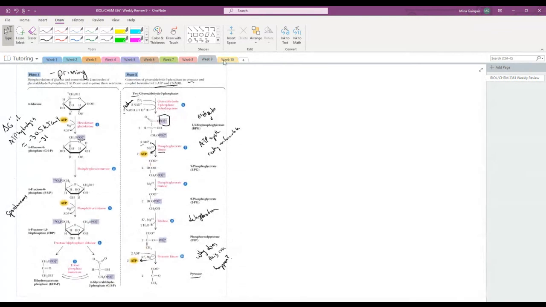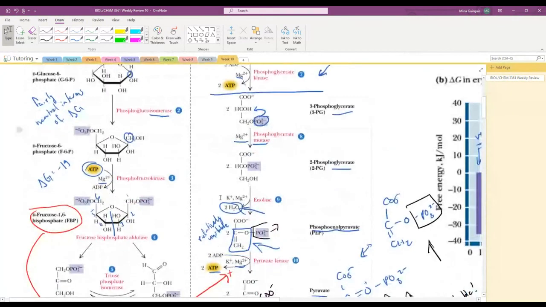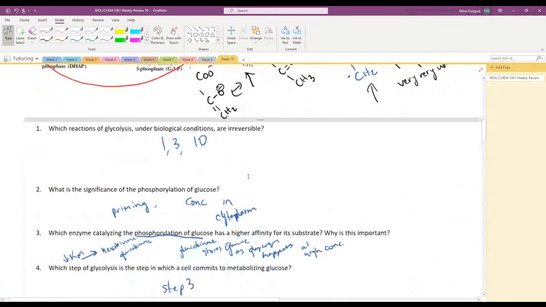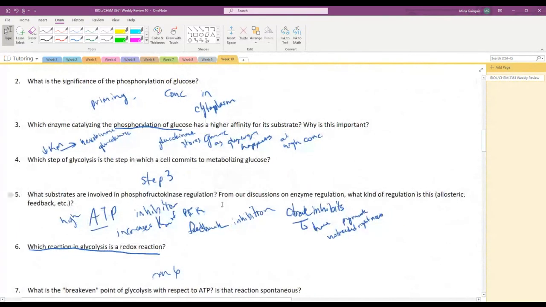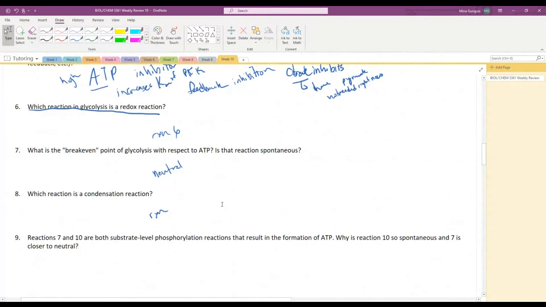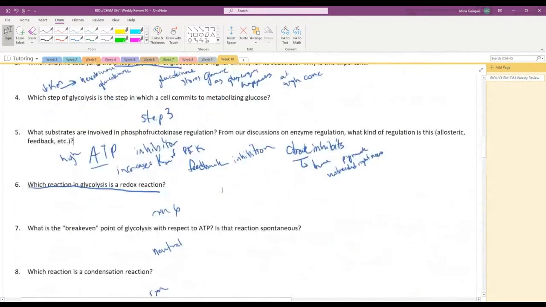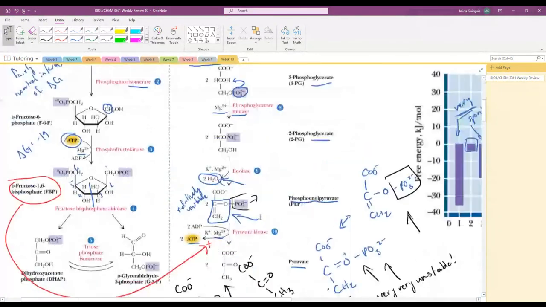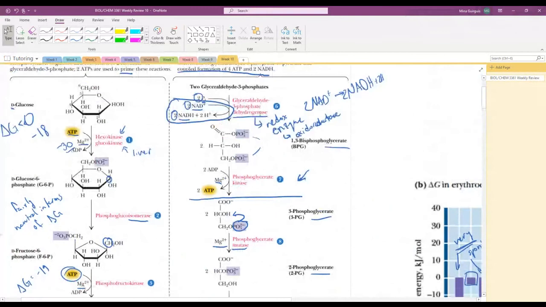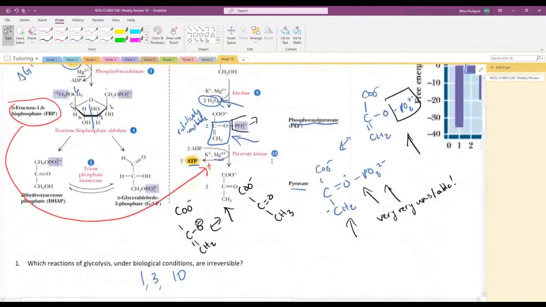And then we got into glycolysis. Glycolysis, really everything is fair game because this is one of the most important reactions. So they want to know a ton about regulation of glycolysis. They want to make sure that you know everything about, oh, sorry, I never actually finished writing this, reaction 9. They want to make sure that you know everything about basically the enzymes, about the favorability.